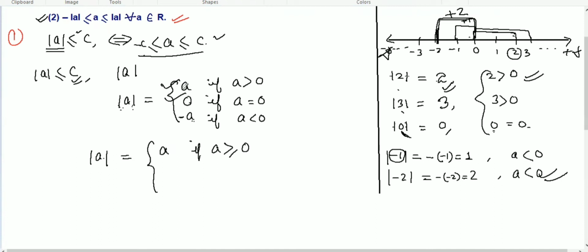You can consider this positive, so you will get either A or 0 if A is greater than or equal to 0, and you will get minus A if A is less than 0. So we combine these two, and we have to prove this one.